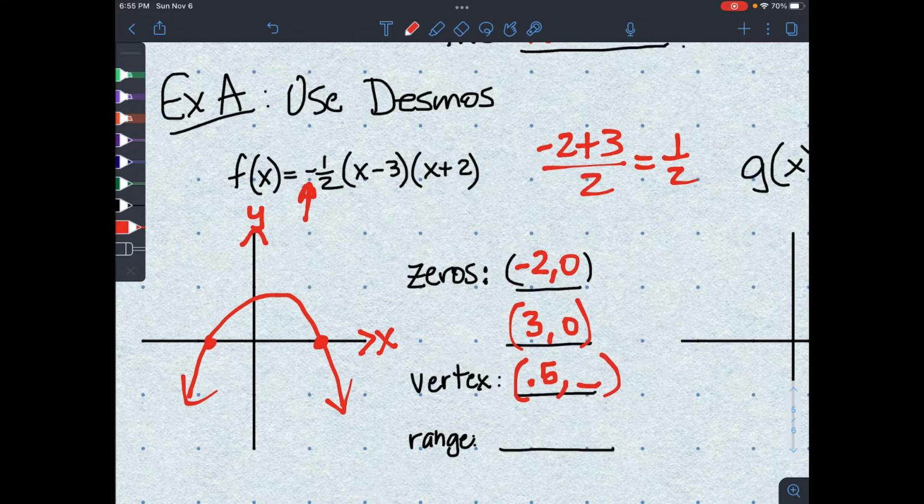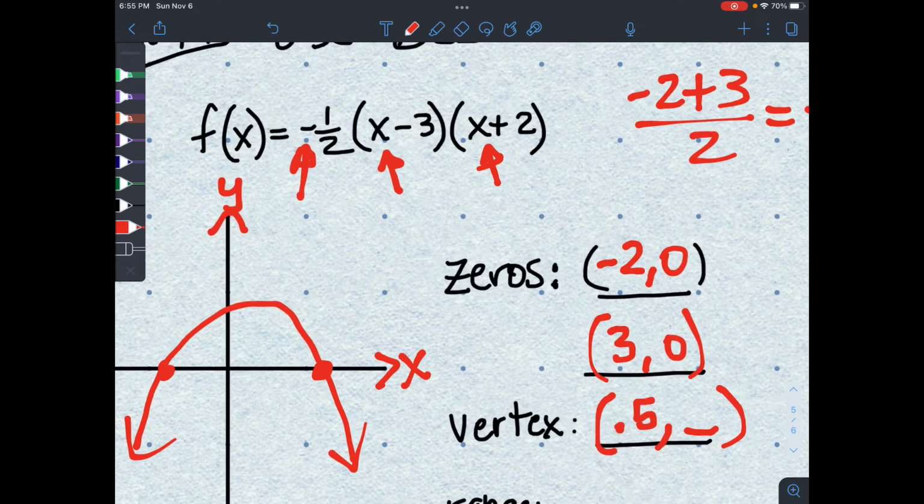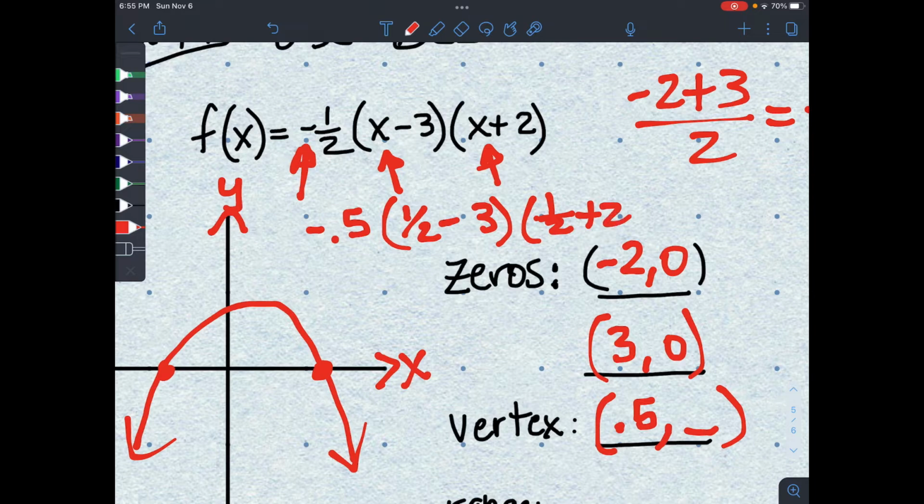Now to get the 0.5 comma something, I would then plug 0.5 into here and here. So on my calculator I would take negative 0.5 times 1/2 minus 3 and 1/2 plus 2. If you type that into your calculator, you will get 3.125.